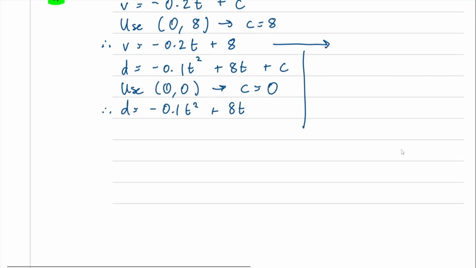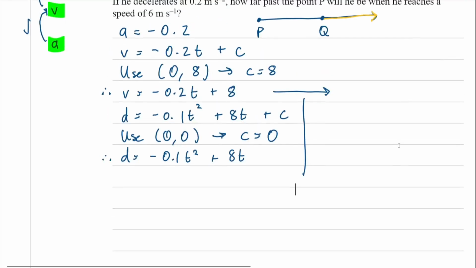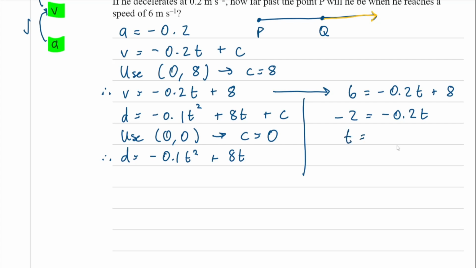When his speed is 6 meters per second, we can solve for that time. So I equated 6, so v equals minus 0.2 t plus 8. Subtracting 8 from both sides, and dividing both sides by negative 1/5 will give us t equals 10 seconds.